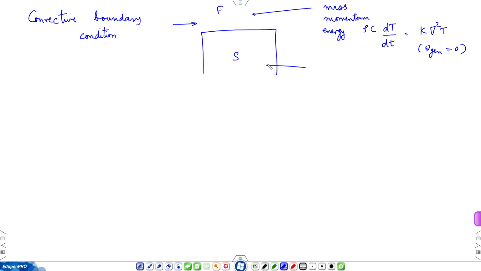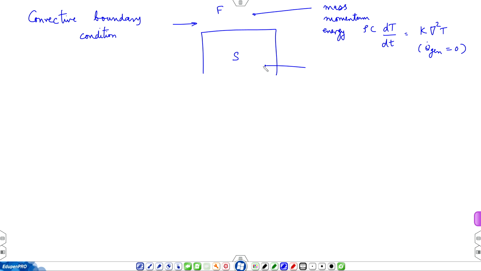What are the equations you will solve in the solid phase? Well, what is velocity in the solid phase? 0. So, you do not have to solve for the mass and momentum equations in the solid phase. And in the energy equation, the entire left hand side, that there was u dot gradient of T, that term is 0.